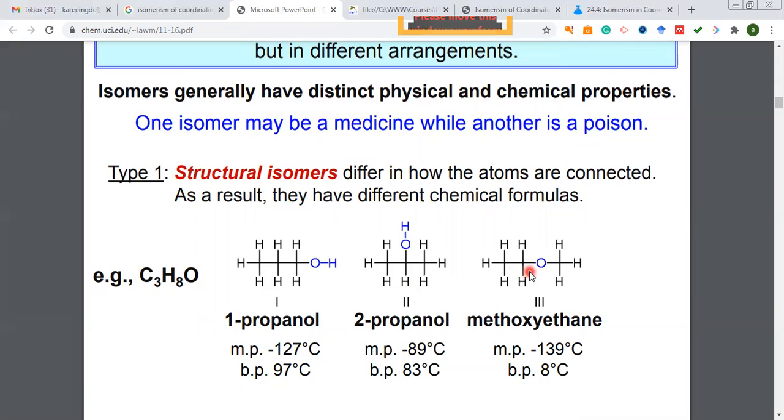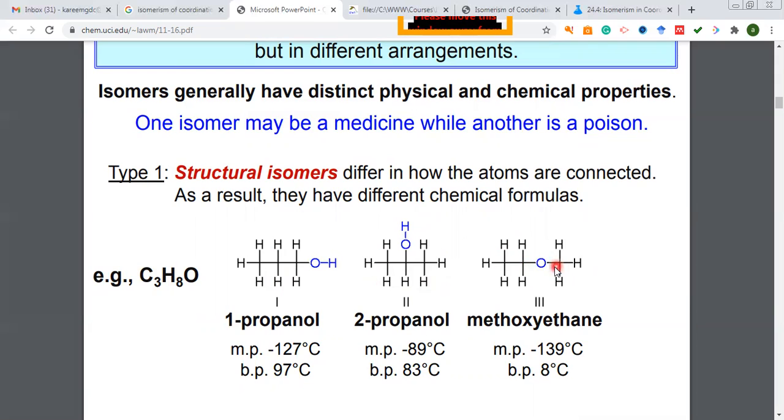And here we have one more isomer, that is functional isomers. Why? Because the connectivity is different. Looking at this compound, the oxygen is connected on one side to carbon and on the other side to hydrogen, whereas here the oxygen is connected to carbon atoms on both sides.